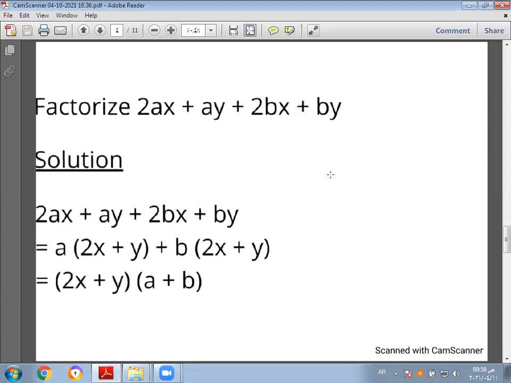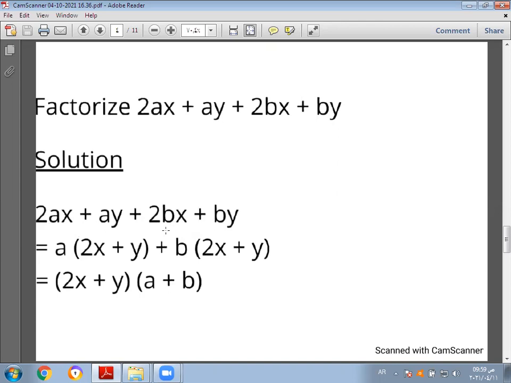Another example: 2ax plus ay plus 2bx plus by. We take 2ax with ay together and 2bx plus by together. From the first and second, we take a as HCF, and we find the remainder 2x plus y.